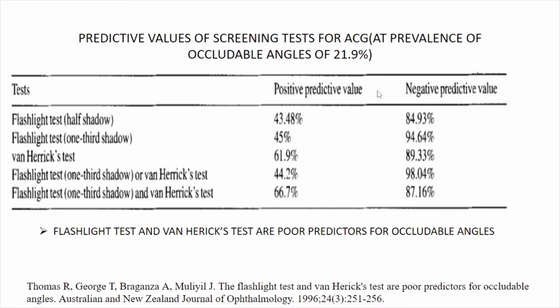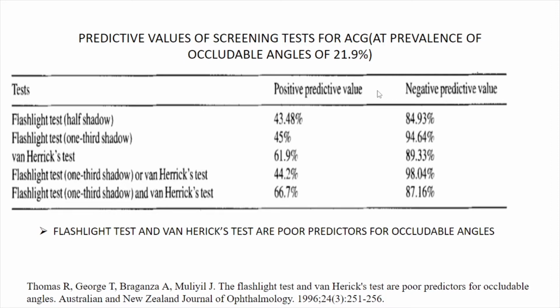This is probably from a general ophthalmology clinic. So in a routine clinic, above 40 years of age, the expected prevalence of an occludable angle could be this. This actually is a very high prevalence. So you have to be careful about the prevalence because negative and positive predictive values are dependent on the prevalence of the disease.